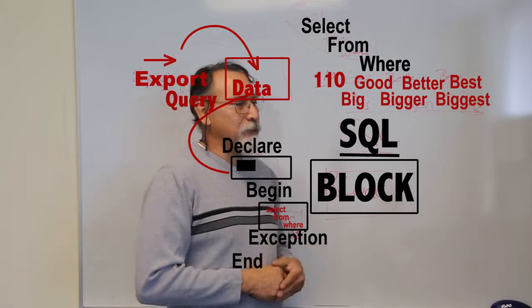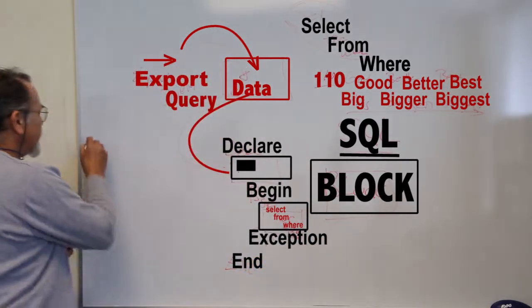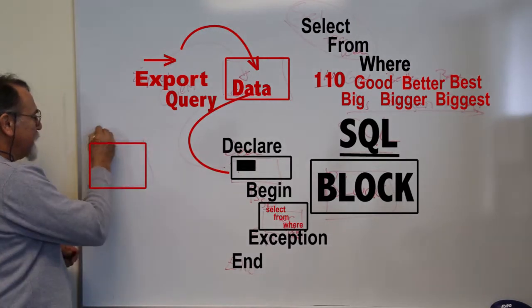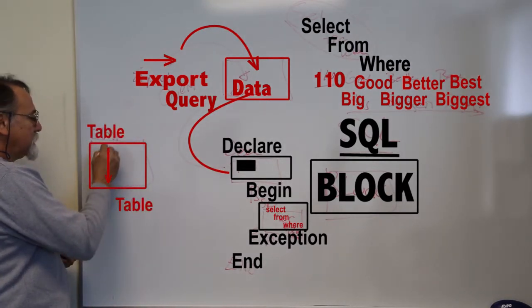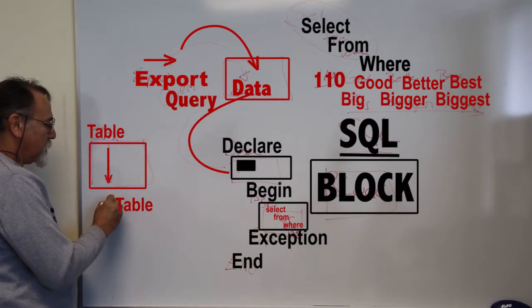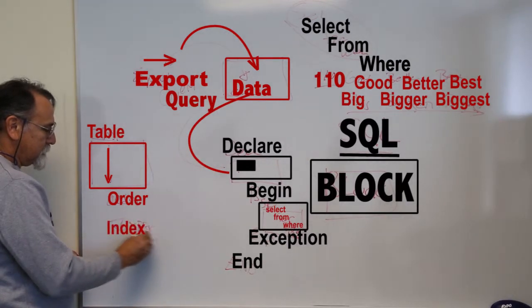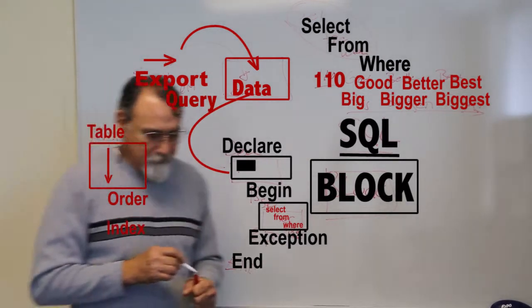Now, the other thing that we have to look at is when you have over here in the database a table, the data is stored in some order. So you have some kind of order, or you have some kind of index that data is used.